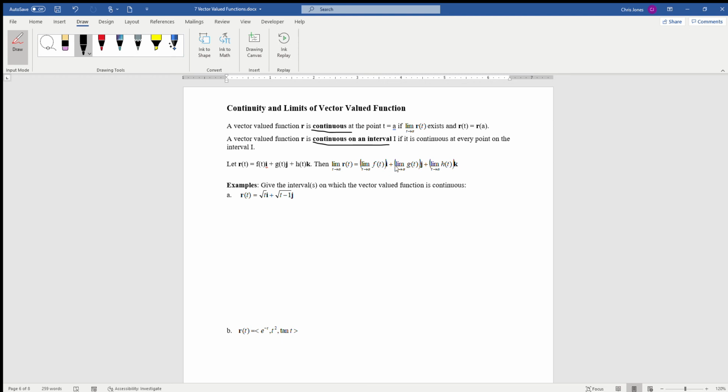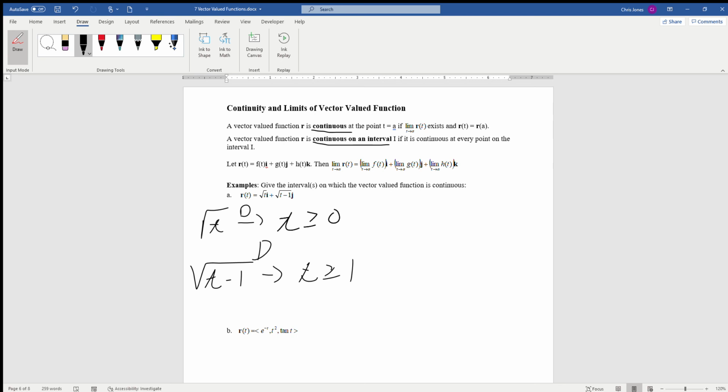So we have a vector function, and what I'm going to do is start by finding the domain of root t, and I'm going to find the domain of root t minus 1, and I'm just going to sandwich those. Now we know that we can only put real positive numbers or 0 under a radical, or at least an even power radical. So for the first one, t has to be greater than or equal to 0. For the second one, t is greater than or equal to 1.